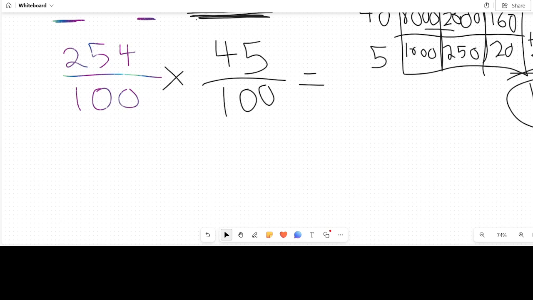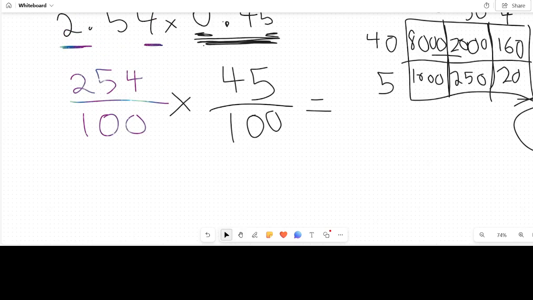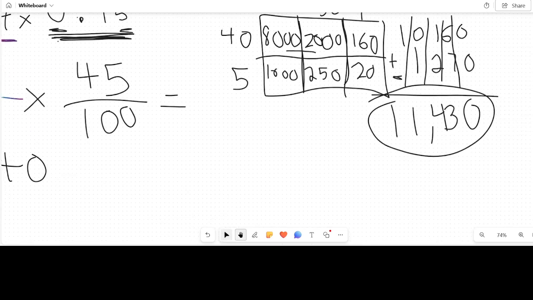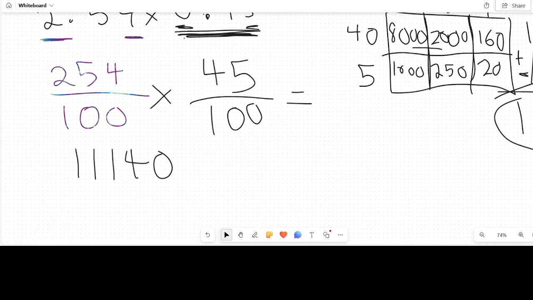Let me go back. So my numerators multiply out to 11,430.